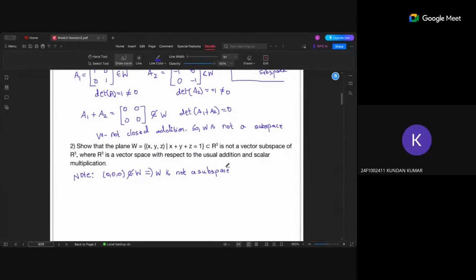Ma'am, will the multiplication rule be valid here in scalar multiplication? You are asking whether it is closed under scalar multiplication or not. Yes, ma'am. See, it will fail both the conditions.